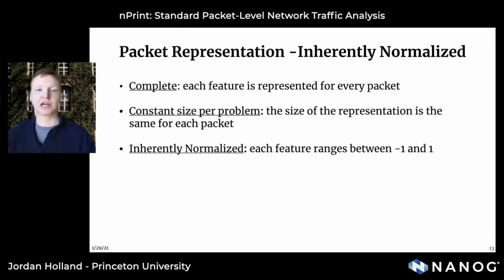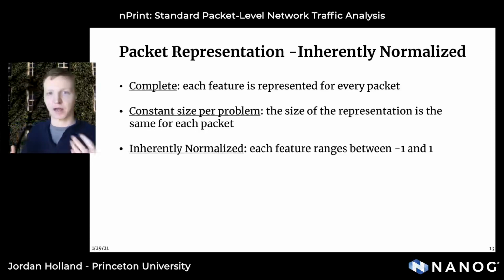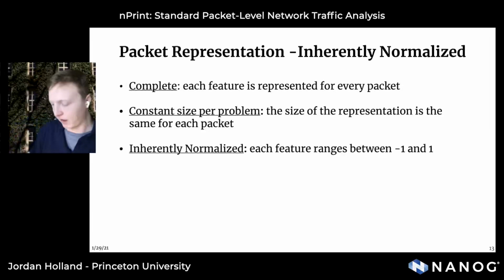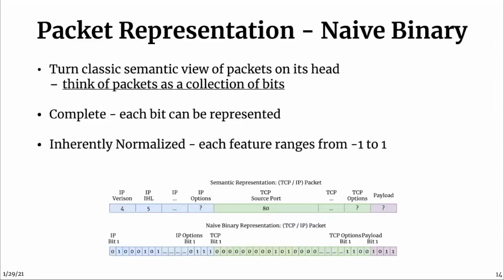And if it's inherently normalized, beyond just stabilization, it also avoids computational passes to normalize the data, which, when you're running traffic at the speeds we have today, you just don't have time to do, in a streaming capacity at least.